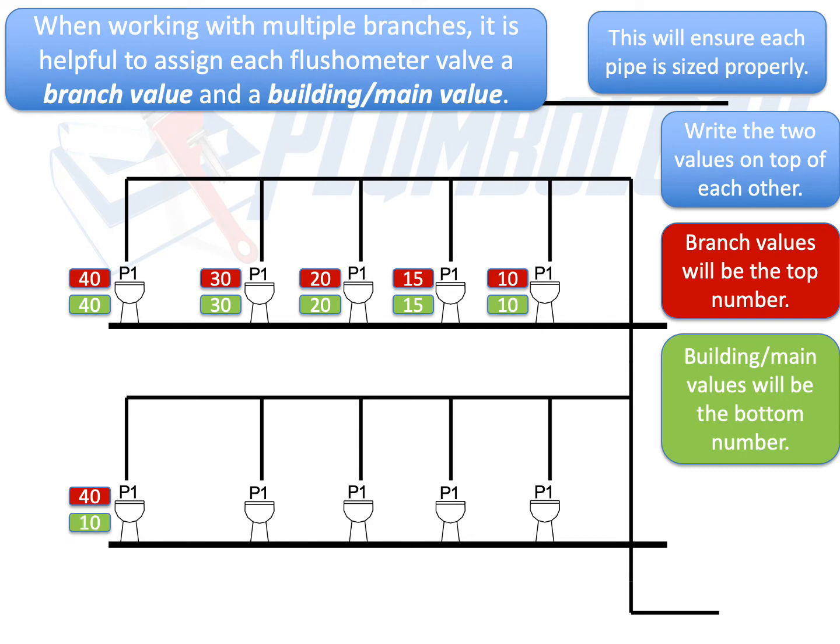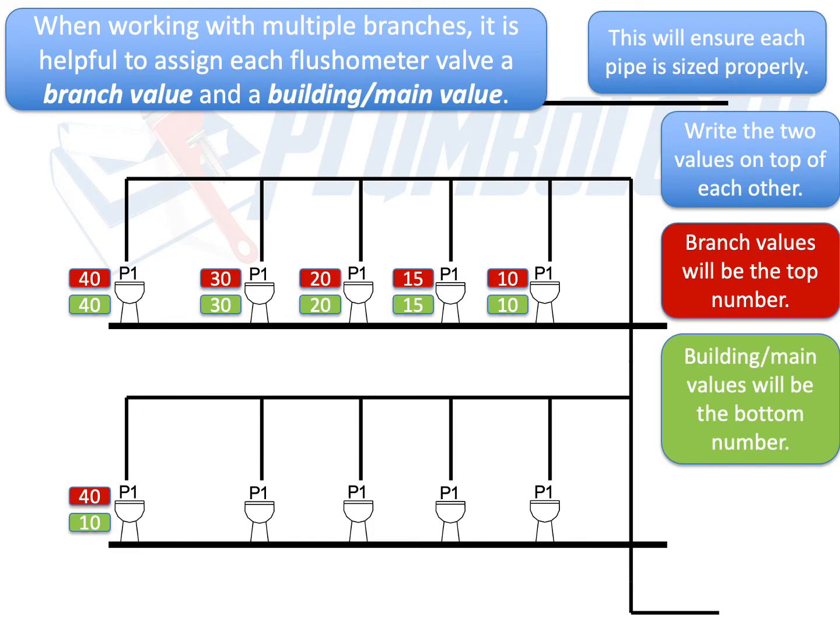So the first floor branch piping, the farthest, most remote flush valve, will be labeled 40/10, meaning on the branch, its value is 40, and for the building, its value is 10. Always remember branches are sized full size, meaning the highest possible values that you can give them.